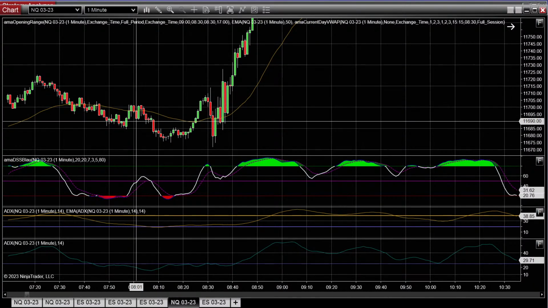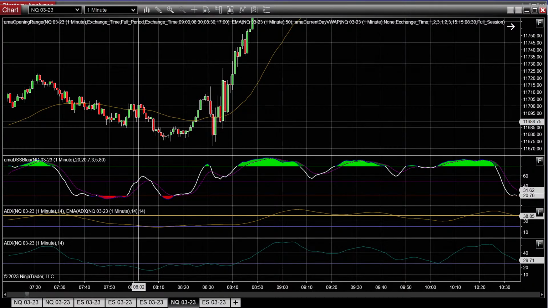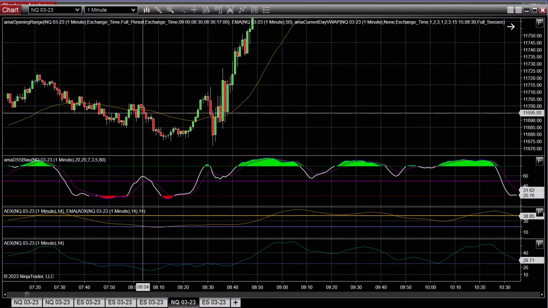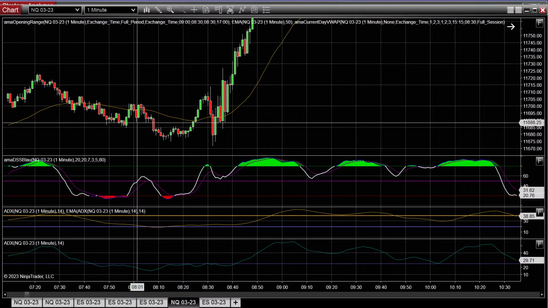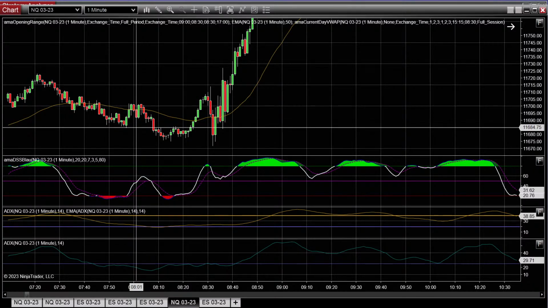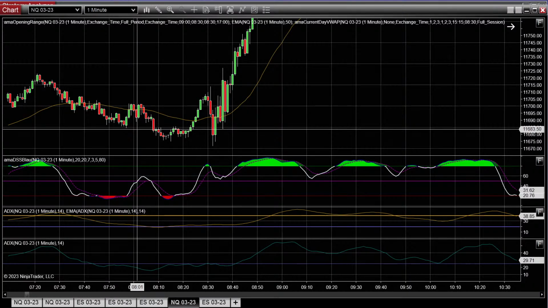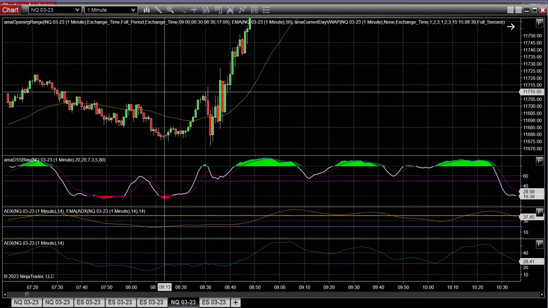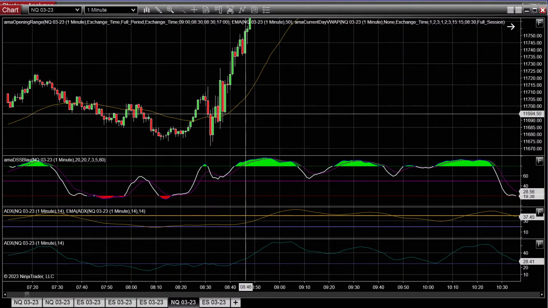Correct. But you're not just slapping this on as a trigger. You're saying this is something I've identified is what happens generally, not every time, but generally before a move to the upside. And that's the reason for the trigger, correct? Well, I don't really know the potential of this trigger.